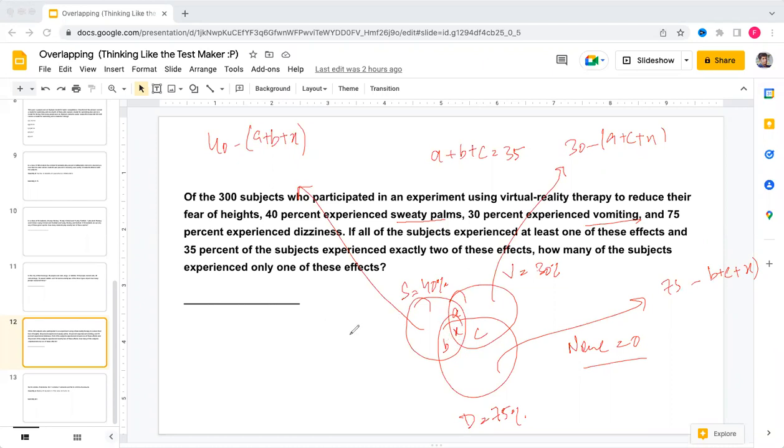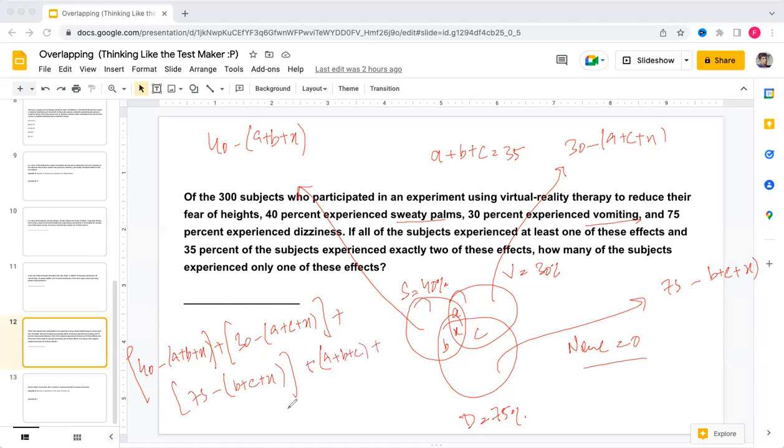So what is that thing? That will be 40 minus (A plus B plus X), plus 30 minus (A plus C plus X), plus 75 minus (B plus C plus X). This is for only sweaty palms, only vomiting, and only dizziness, plus exactly 2, A plus B plus C, plus exactly 3, X, equal to 100%.